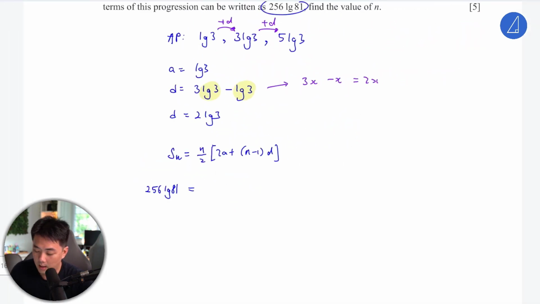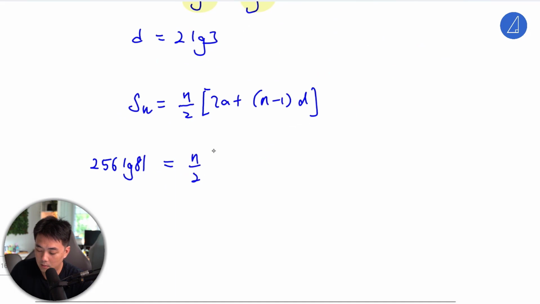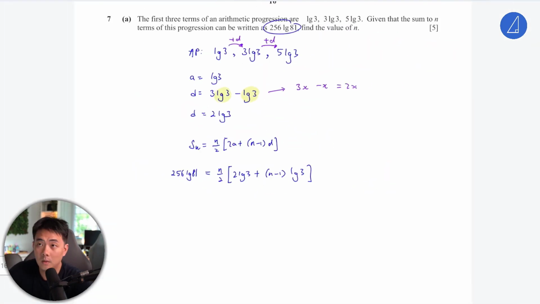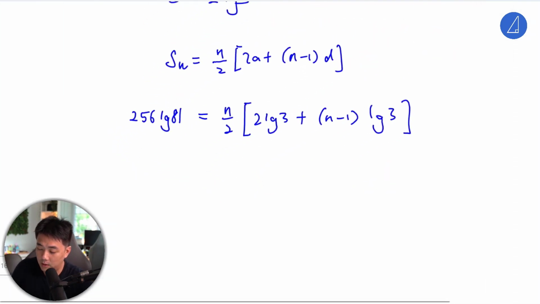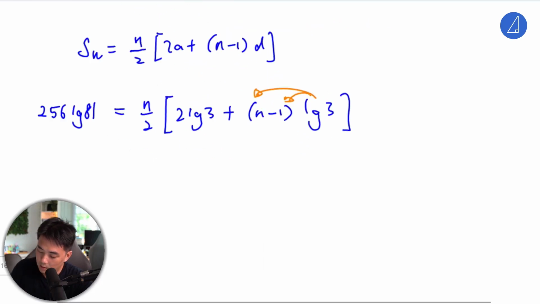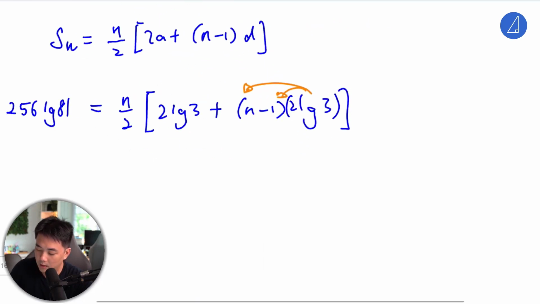Okay, n over 2, 2 log 3 plus n minus 1 log 3 over here. After which we're going to expand it in. Oh, d is 2 log, sorry, d is 2 log 3. So expand it in.